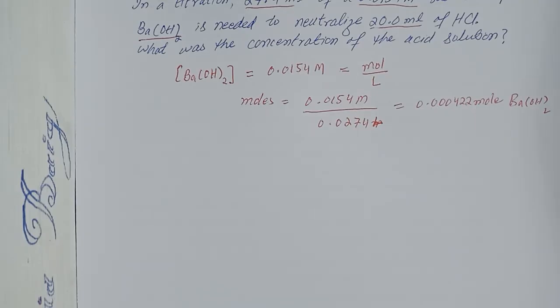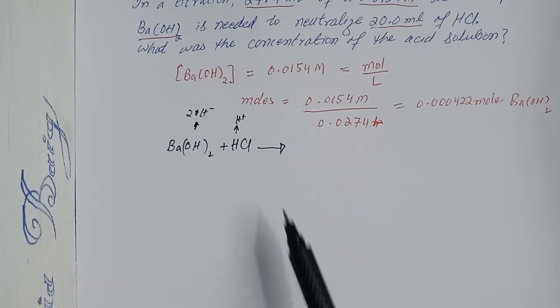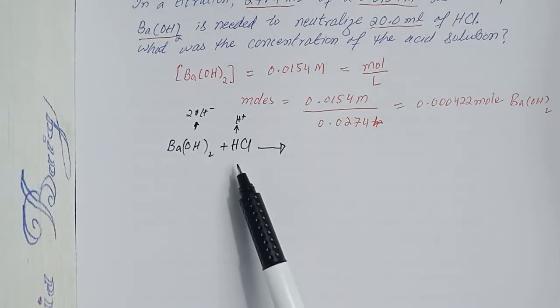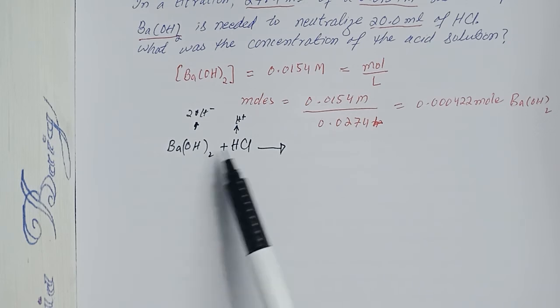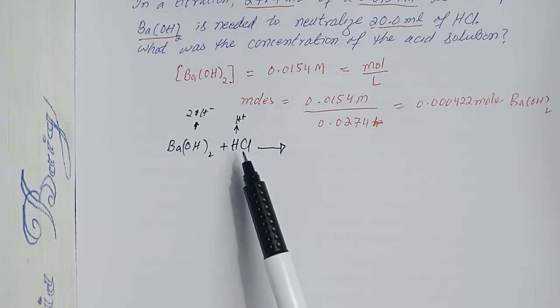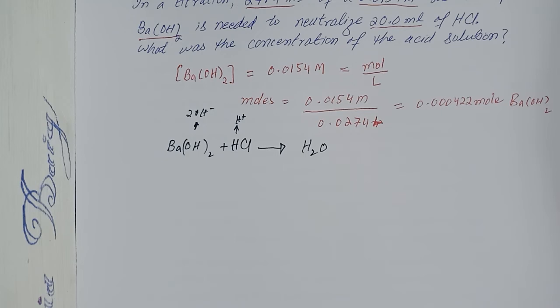Now let's write the neutralization reaction between HCl and barium hydroxide. So the barium hydroxide and HCl gives us products. Here we have 1 H plus ion in HCl and 2 hydroxyl ion in barium hydroxide that reacts to make water molecule, that is H2O.